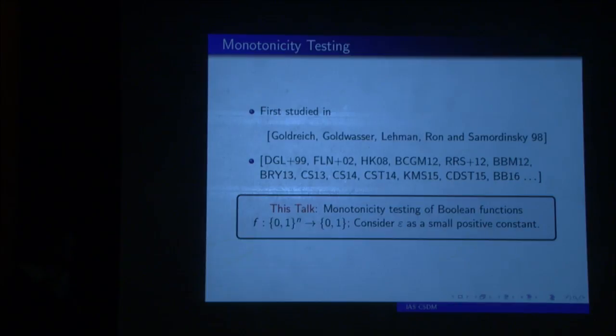Throughout the talk, just to simplify things, you should always consider epsilon as a small constant for 2 reasons. For lower bounds, all the lower bounds say something like, for some small enough constant, I have this lower bound as a polynomial of n. And for all the upper bounds, the dependency on epsilon is pretty good, like 1 over epsilon or 1 over epsilon squared. So you should really think about epsilon as something like 0.001, or just a constant.